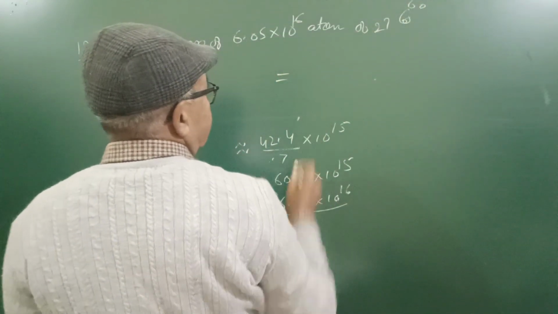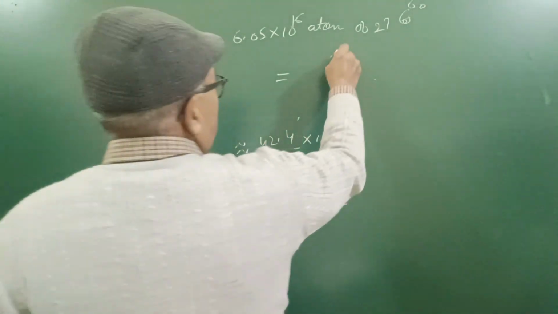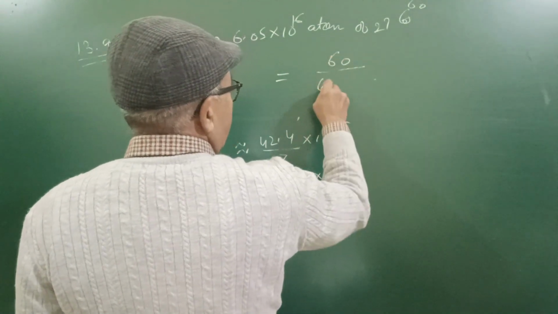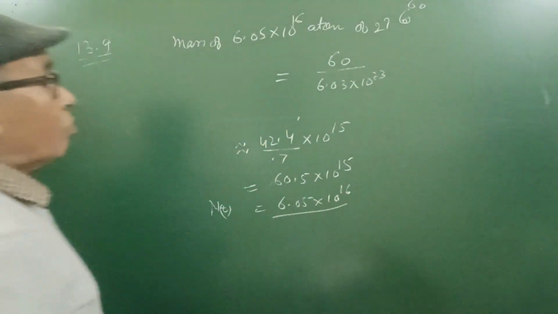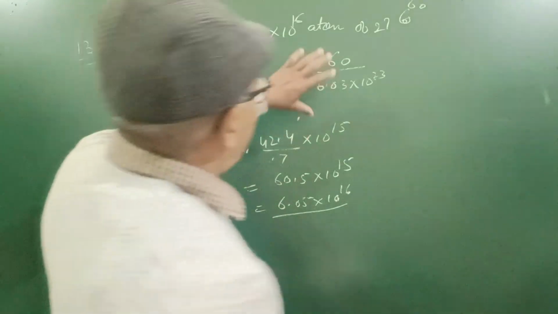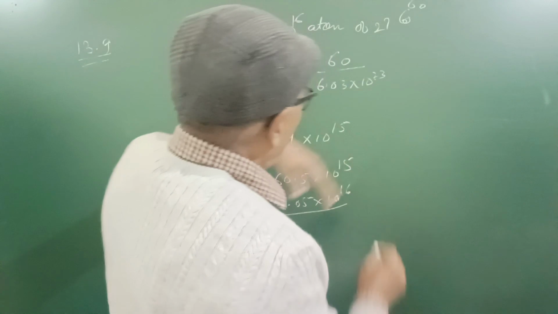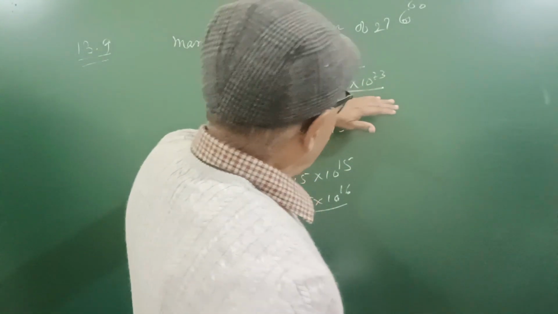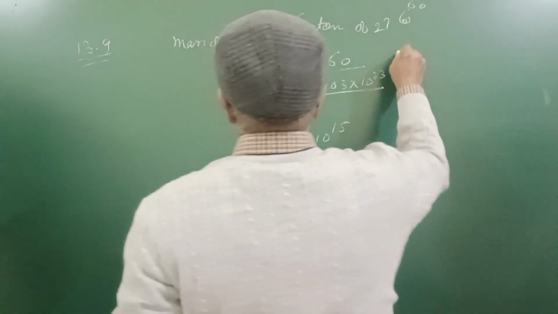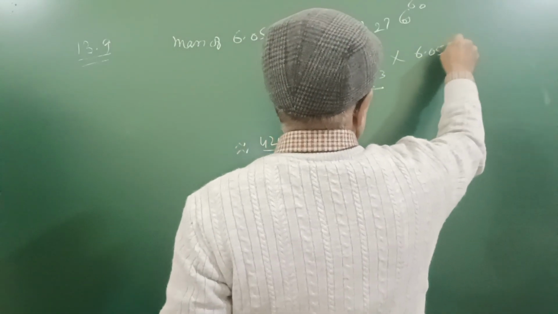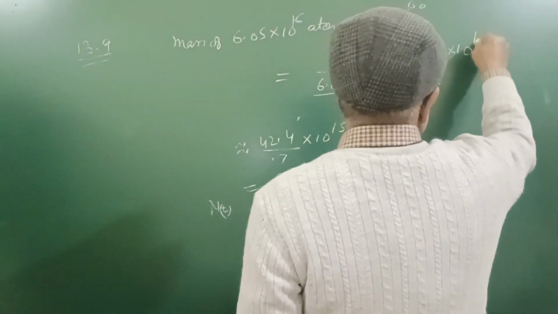is equal to 60 upon 6.023 into 10 to the power 23 gram, which will be the mass of one atom of cobalt, because 6.023 into 10 to the power 23 atoms of cobalt has mass 60 gram, so one atom is this, into 6.05 into 10 to the power 16.